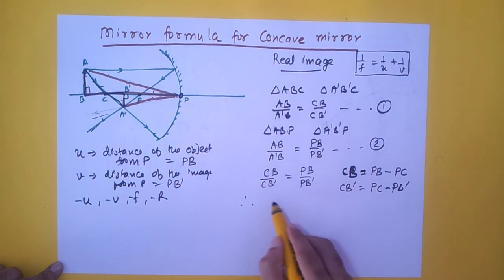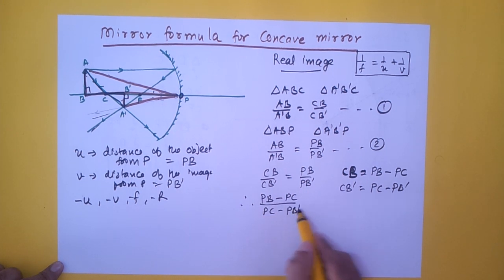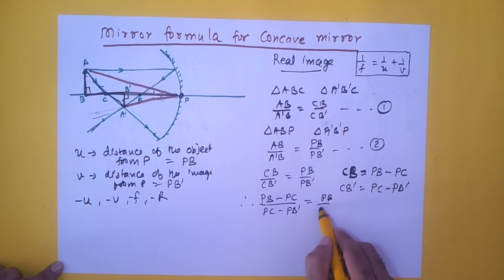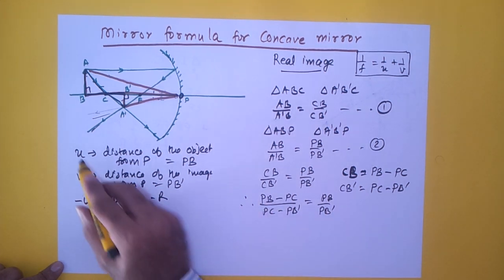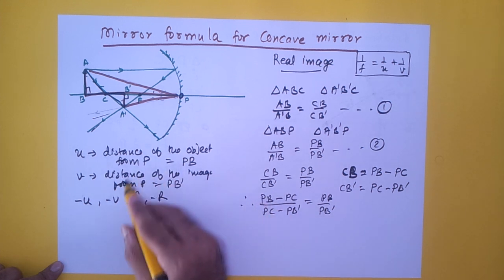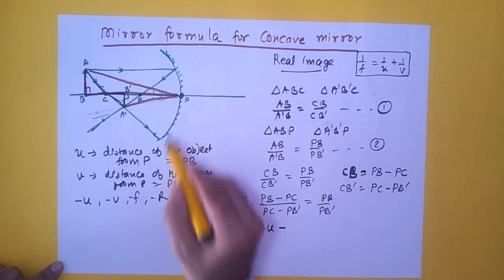So if I put those values over here, CB upon CB dash will be PB minus PC upon PC minus PB dash, is equal to PB upon PB dash. Now what is PB? PB is U, but it is minus U, so I'll write down minus U minus, what is PC?